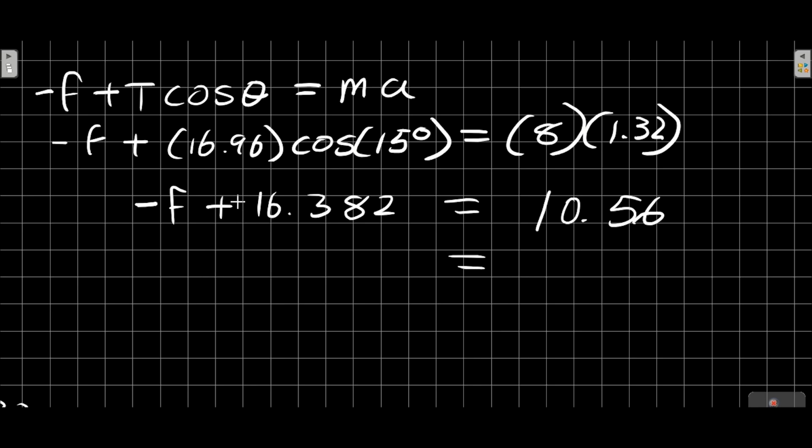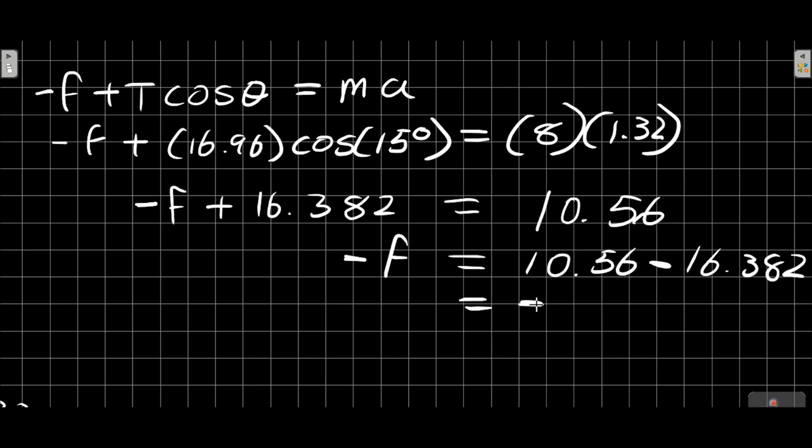Then if we take this to that side by subtracting 16.382 on both sides, we get minus F equal to 10.56 minus 16.382.